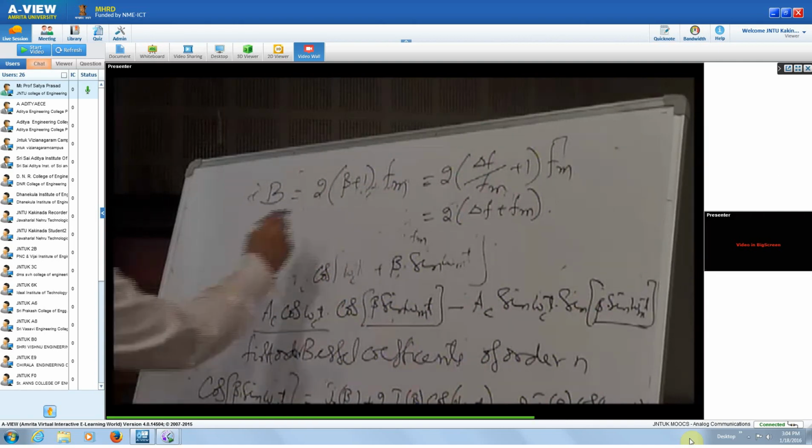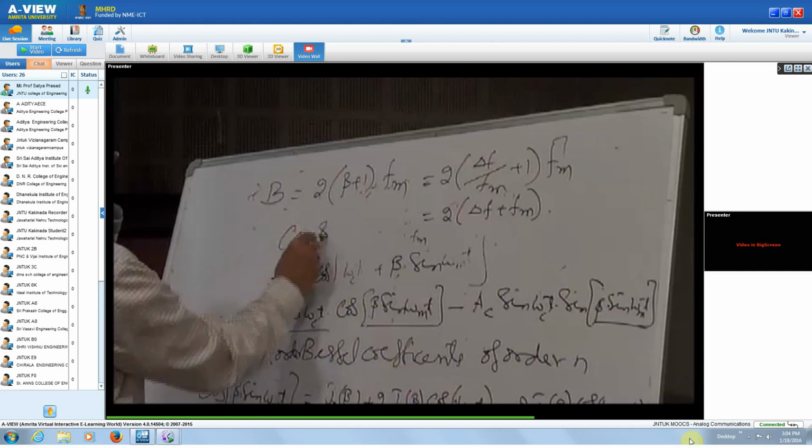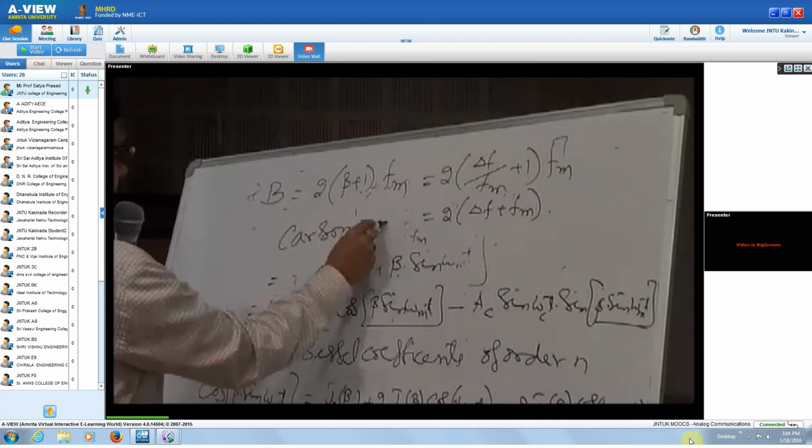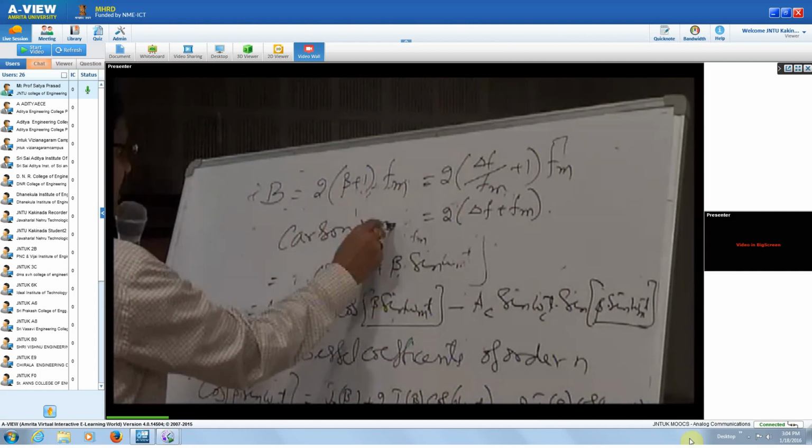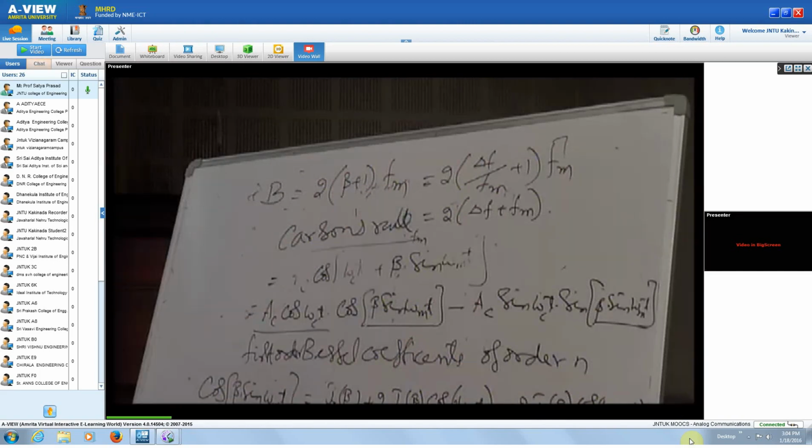This we call Carson's rule, to find the bandwidth of your FM signal.